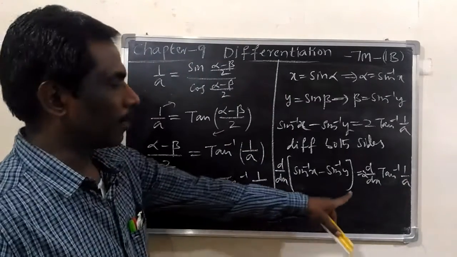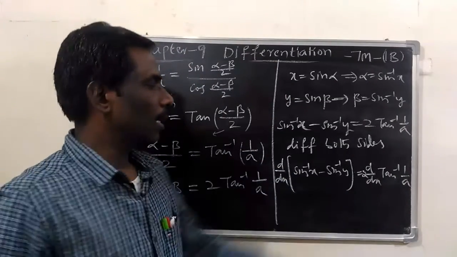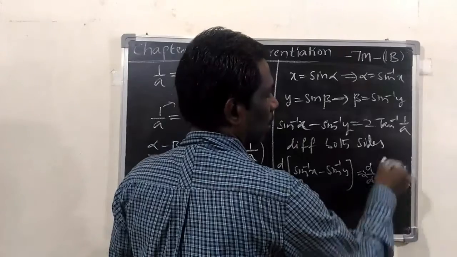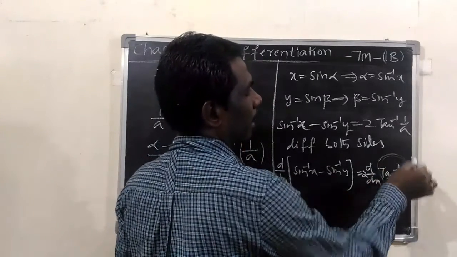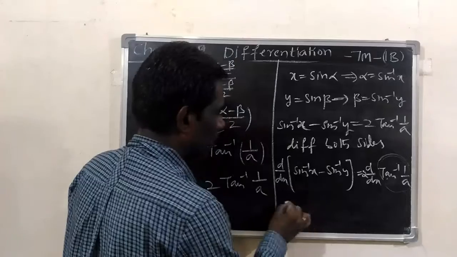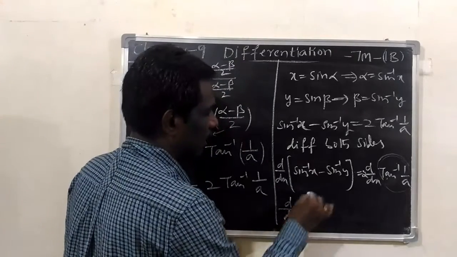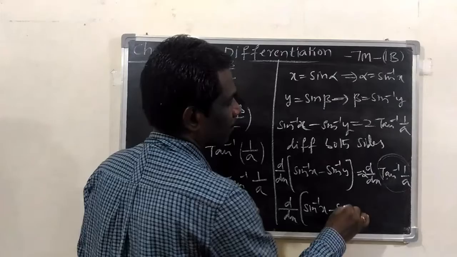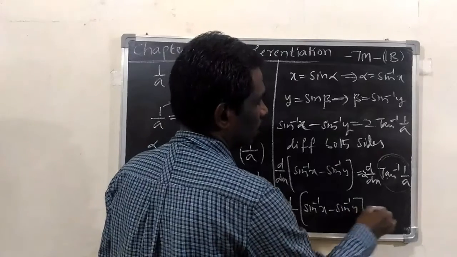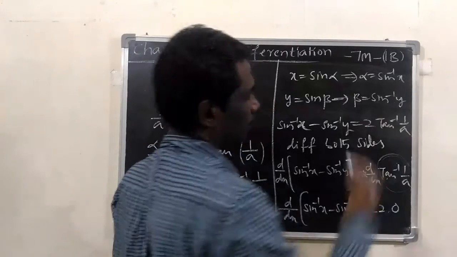Here we are differentiating with respect to x, but in this term x is not there, so d/dx of tan⁻¹(1/a) is 0.